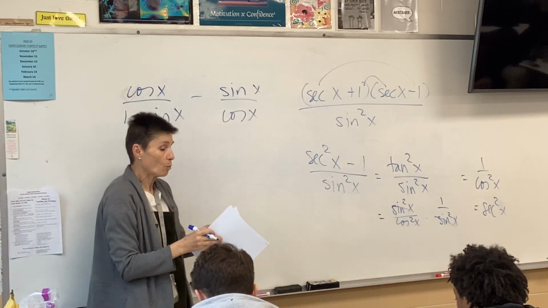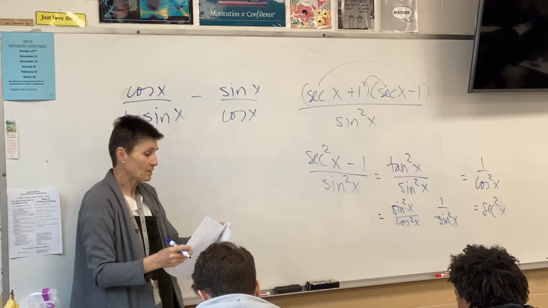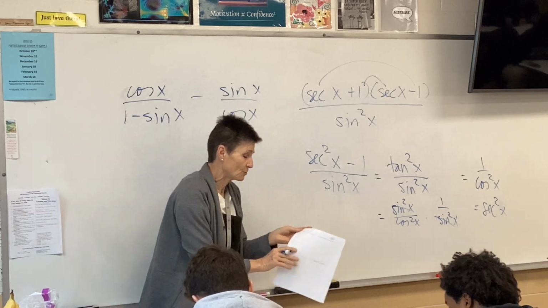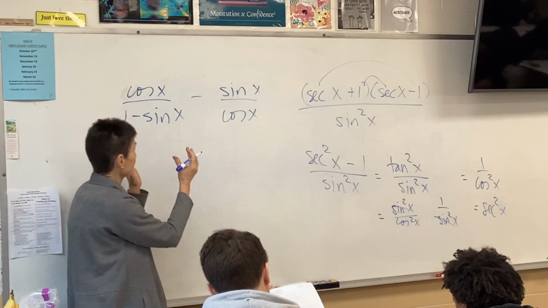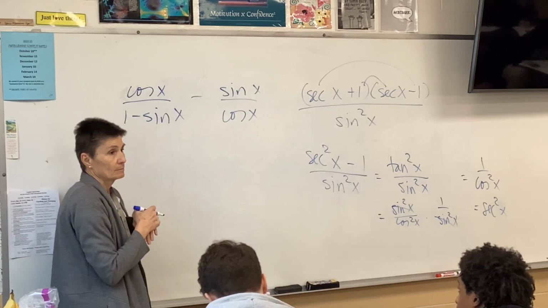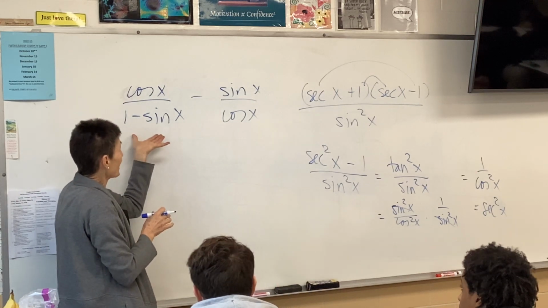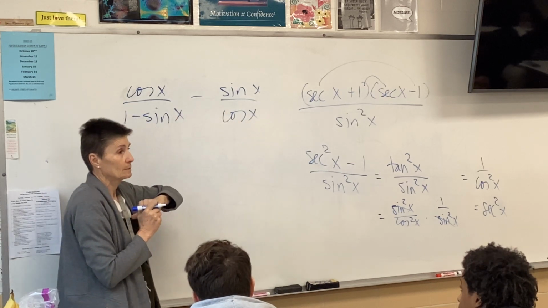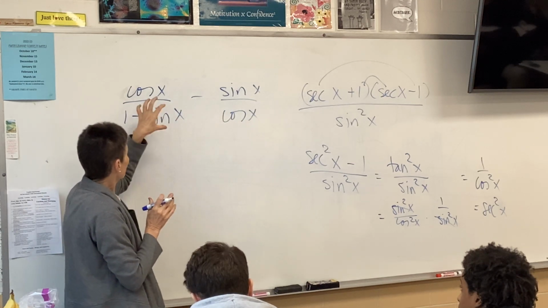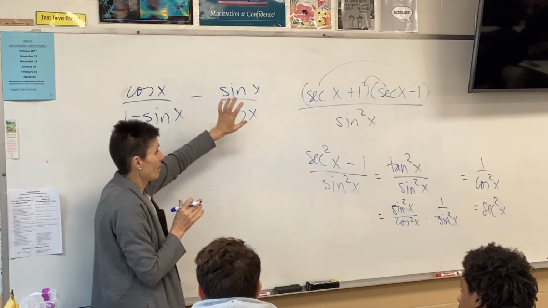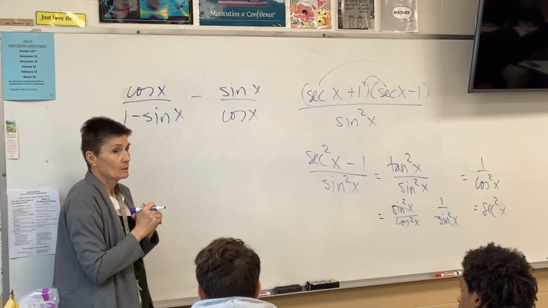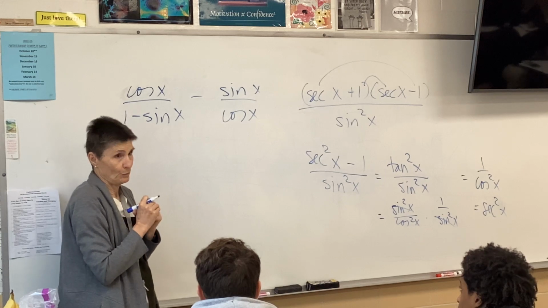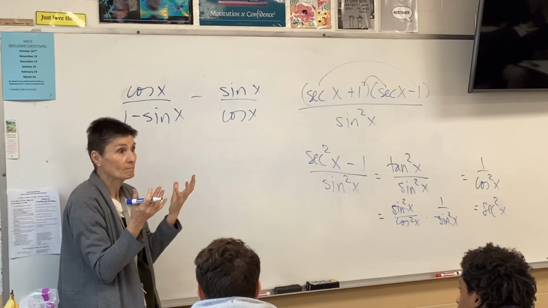Now, this isn't an equation, guys, so it's not like you're going to be multiplying both sides. Your job is to simplify this. So it's a fraction minus a fraction. So what might we do if we have to subtract two fractions? Try to get a common denominator.